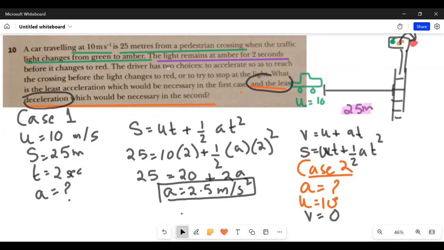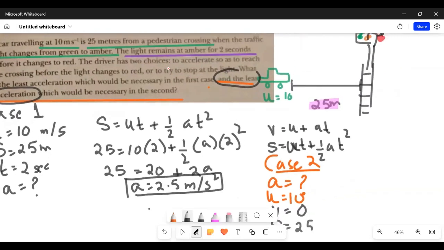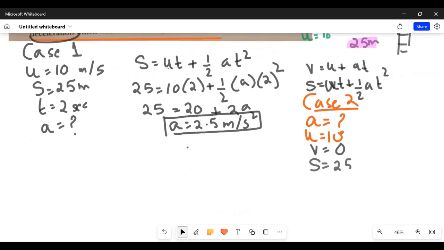If he wants to stop abruptly, like right here, then the deceleration has to be a lot higher, maybe minus 20, for example. So he will have to decelerate really fast. But to find the least deceleration, you can stop right over here and take as much distance as possible to slow down. That's why we're going to take S equals 25. Now, give me an equation which uses U, V, S, and A.